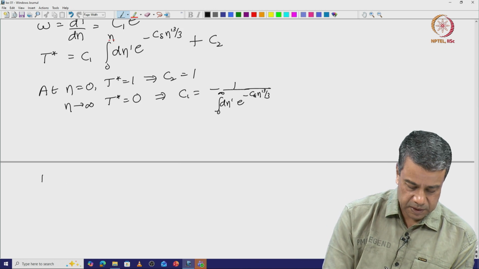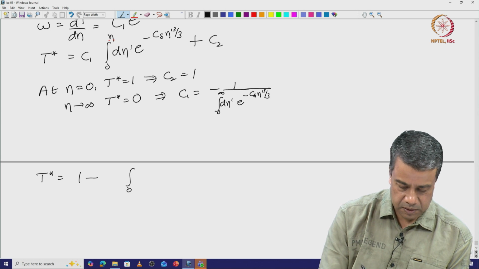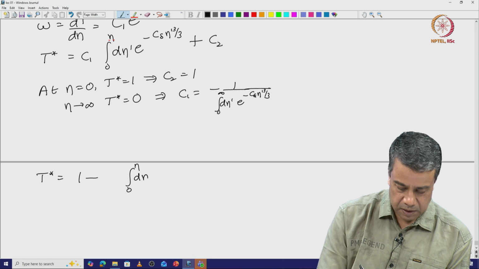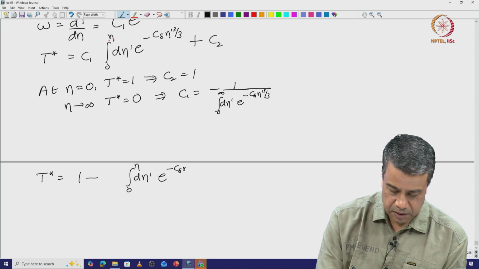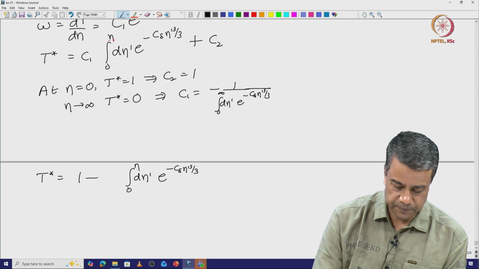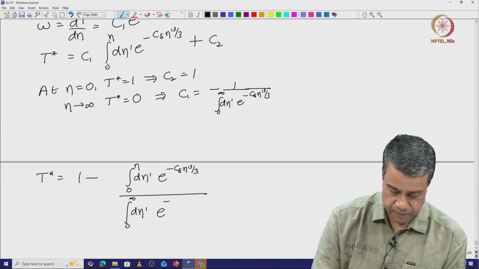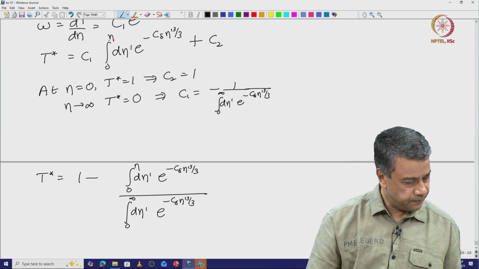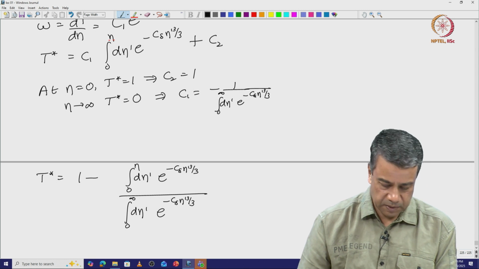Therefore, the equation for the temperature field is T star is equal to 1 minus integral 0 to eta d eta prime e power minus c delta eta prime cubed by 3 divided by integral 0 to infinity of the same. That is the solution for the temperature field.